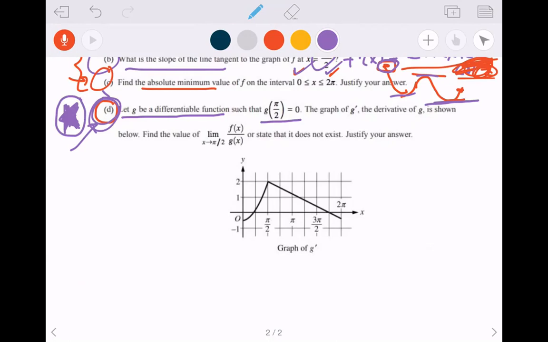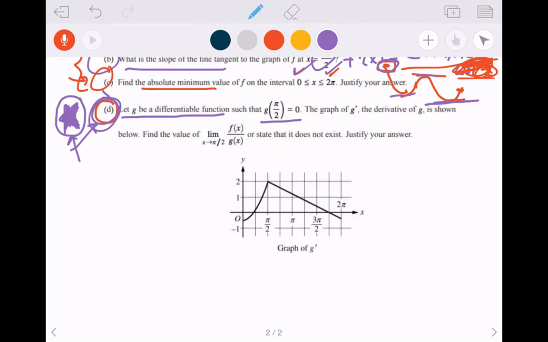The third thing is that this problem could very well appear on this year's test because I don't know what G is. I can't go into any sort of software or any computer problem and enter this and get any kind of answer off the internet because it's giving me a graphical of G prime and I don't know what G or F are. So this is all about the concepts behind it. So this guy just hit my radar for a third reason. All right, let's go take a look at it.